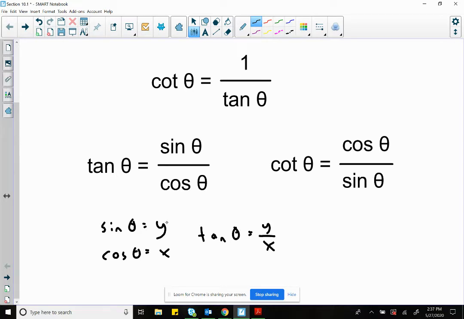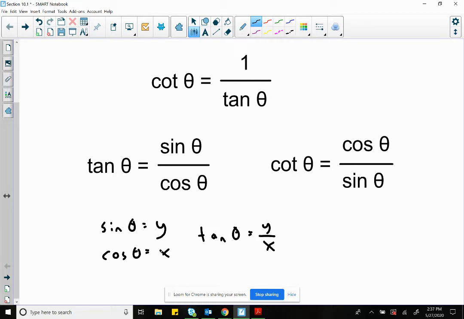Well, hey, look at this. If I take the y and replace it with sine, I get sine on top. If I take the x and replace it with cosine, you get cosine on the bottom. Look, right there, sine over cosine. And then again, we already know that cotangent is the reciprocal of tangent, so you just flip it. So cosine over sine is also another way that you can find cotangent.